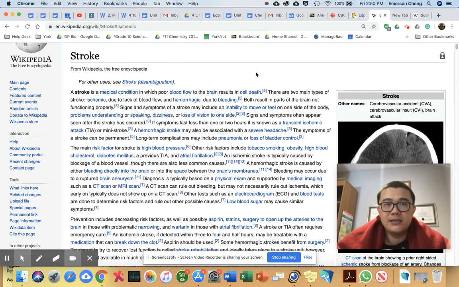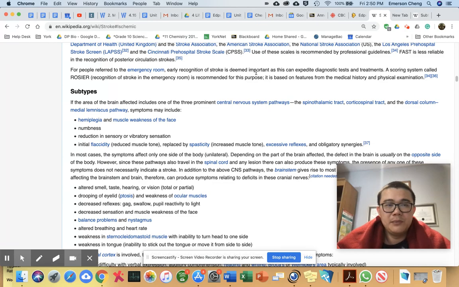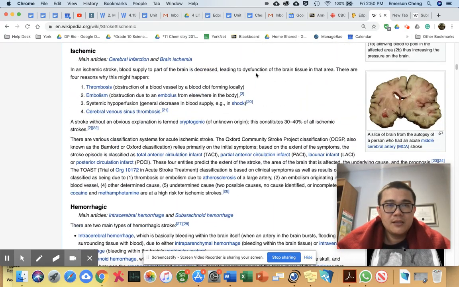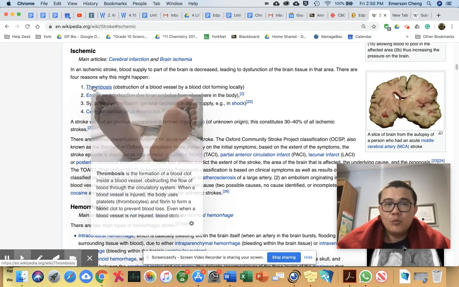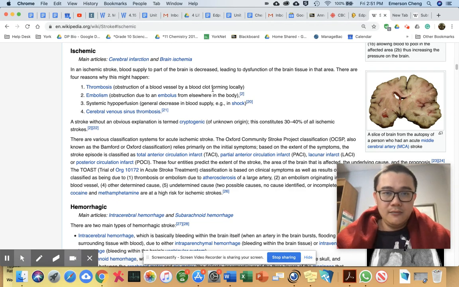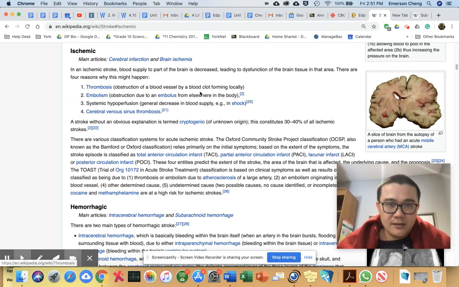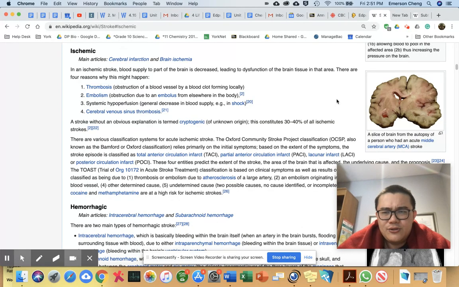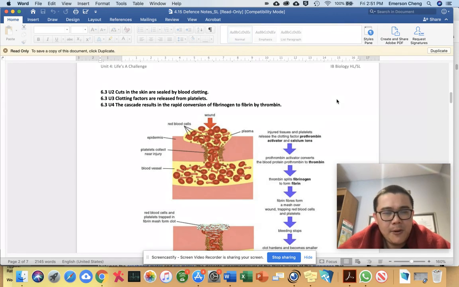So some section of your brain is bleeding. For the ischemic one, one of the possibilities is obstruction by a blood clot forming locally. So yes, to answer your question, that as well as an embolus from elsewhere in the body. Now the tricky part is how did this clot get past the blood-brain barrier.